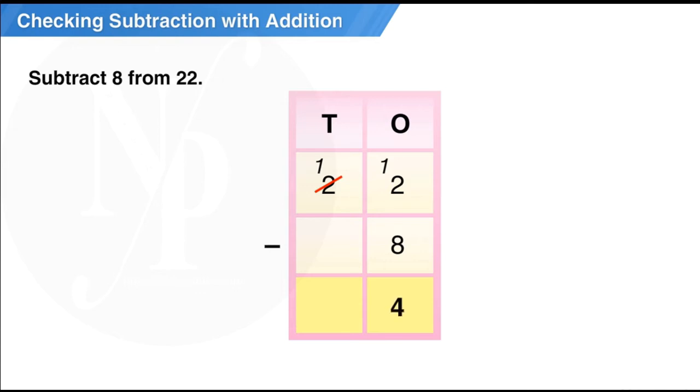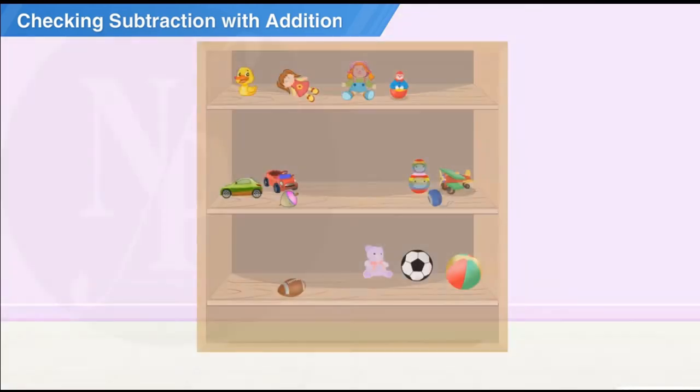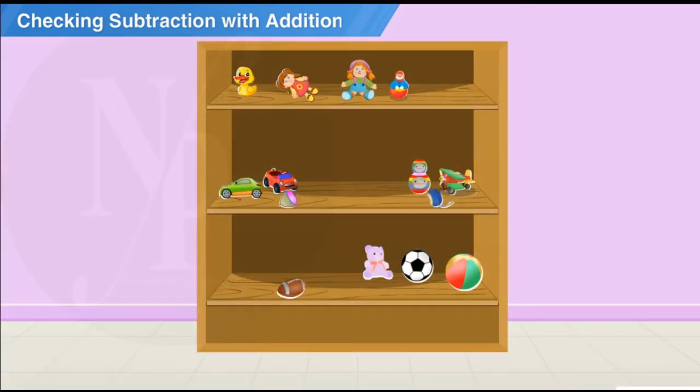We get 4 ones as the answer. We see that we are left with 1 ten in the tens place. We write 1 in the tens place of the answer. So 22 minus 8 is 14. So 14 toys are left in the shelf.